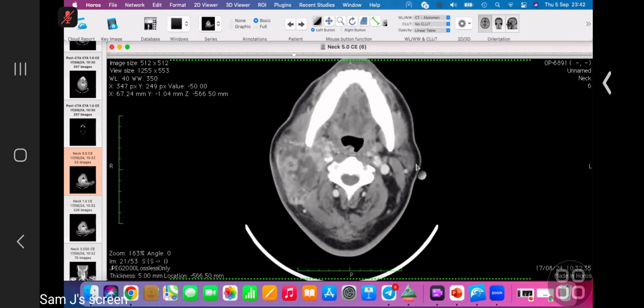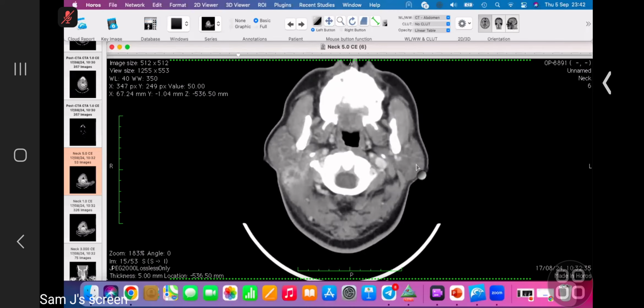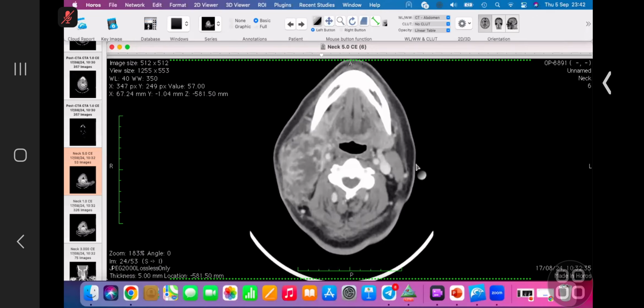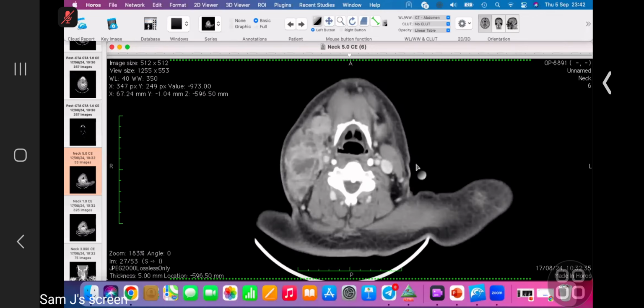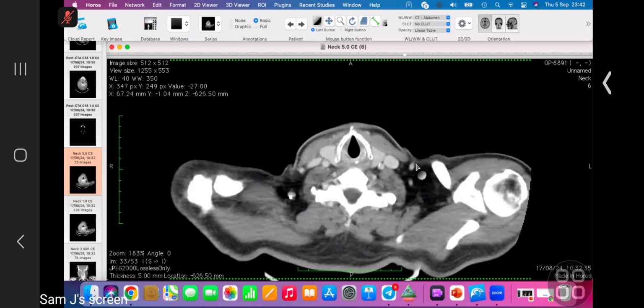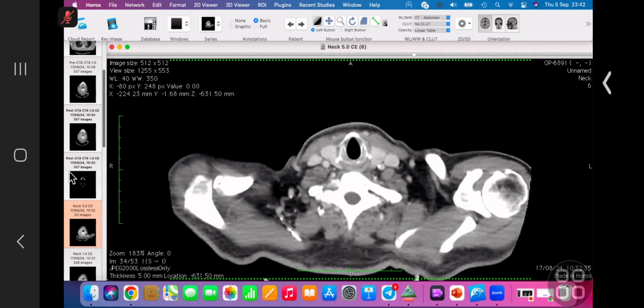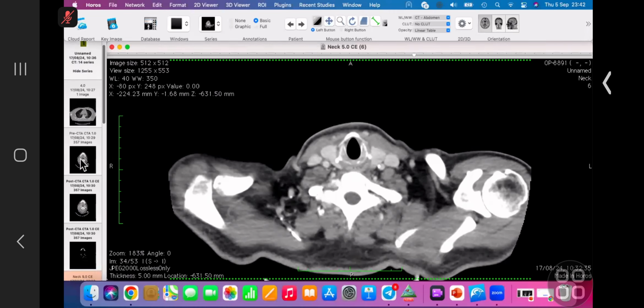Given the patient history, I'm thinking of an underlying inflammatory or infective etiology within the parotid gland, which has been complicated with maybe internal jugular vein thrombosis. I would like to see the pre-contrast images also to assess for any obstructive stone, which could be the result of inflammation within the gland with abscess formation.